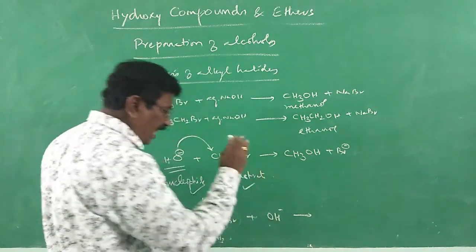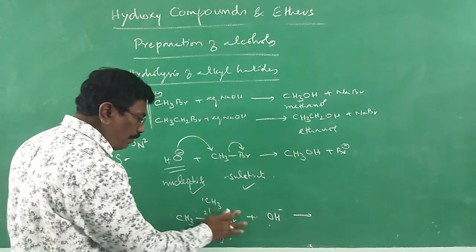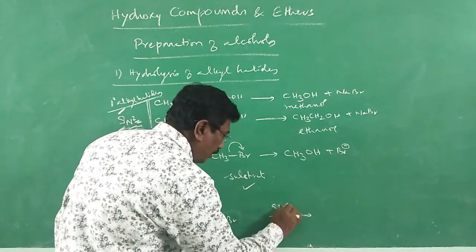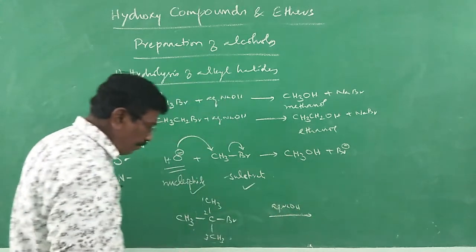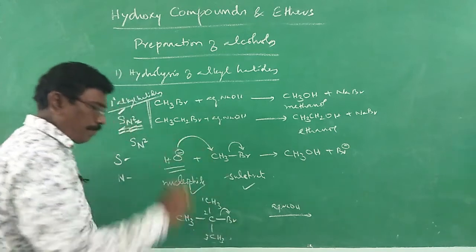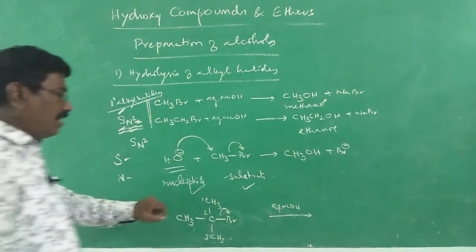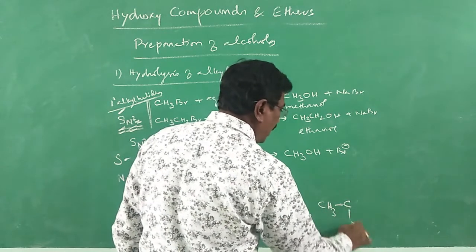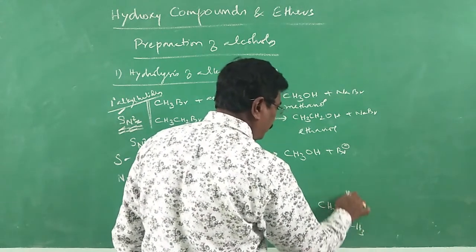But of course it will not get involved in the first step of the reaction. The bond between carbon and bromine is broken first to give a carbonium ion or carbocation, because tertiary carbocations are stable.